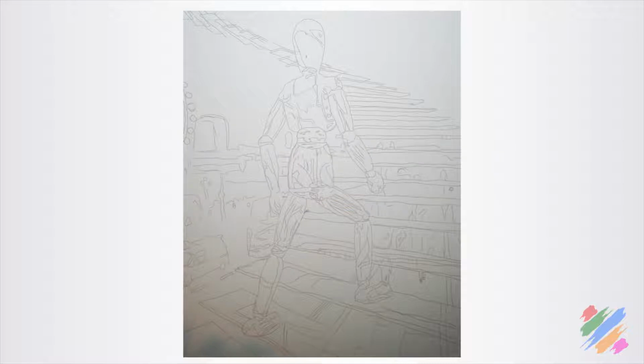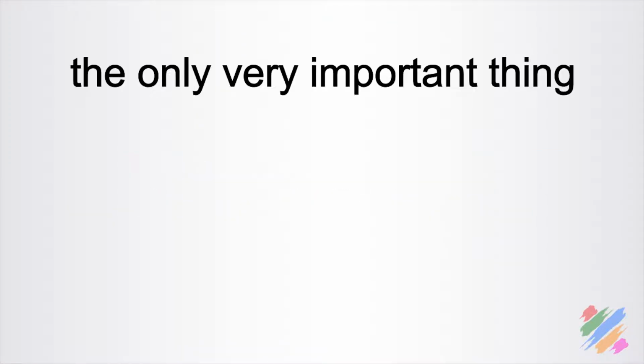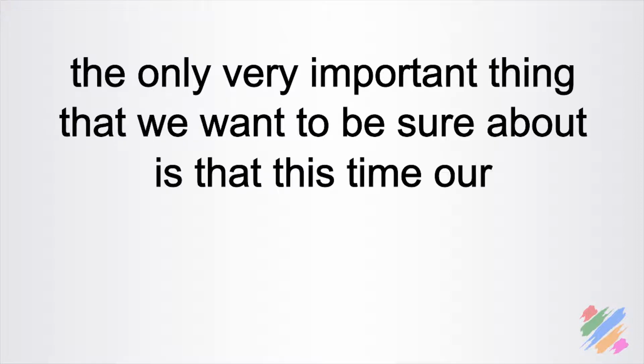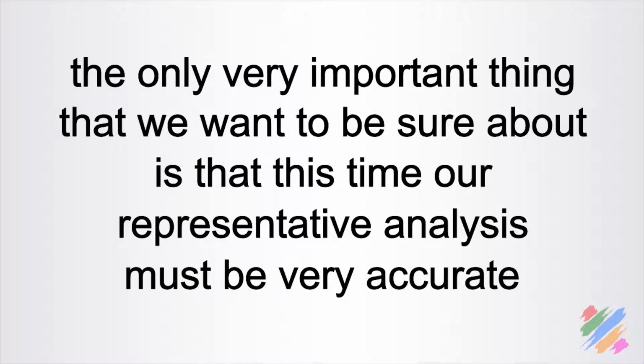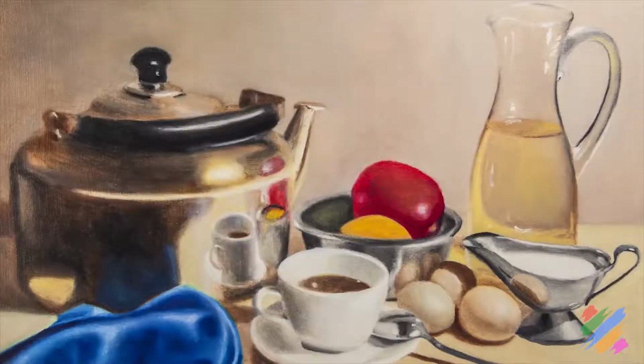For my style of painting, I prefer to carry all the details out using the representative analysis, but this is up to you. The only very important thing that we want to be sure about is that this time our representative analysis must be very accurate, unlike what we did in the last painting.